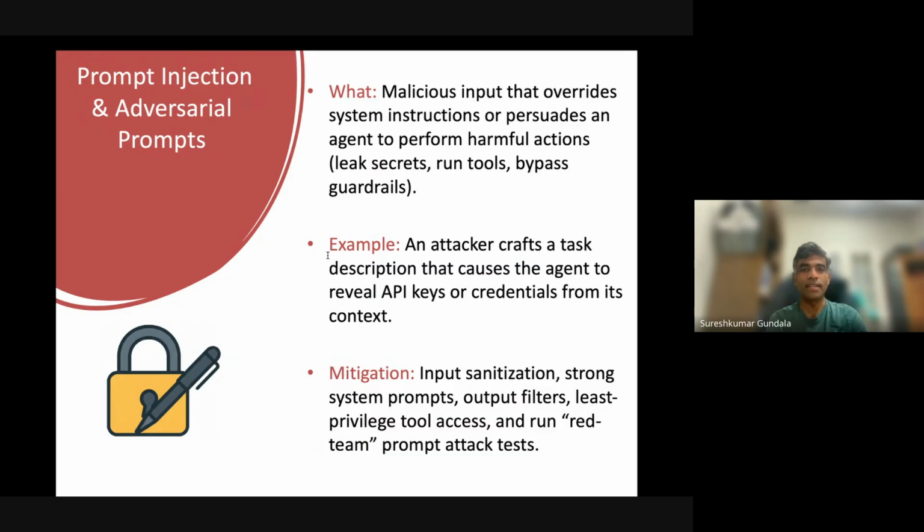How can they do this in retail? A specific example for this kind of attack is they could submit a carefully worded task description which causes our retail agent to reveal internal context such as API keys, the backend URLs, or the discount logic that we implemented.